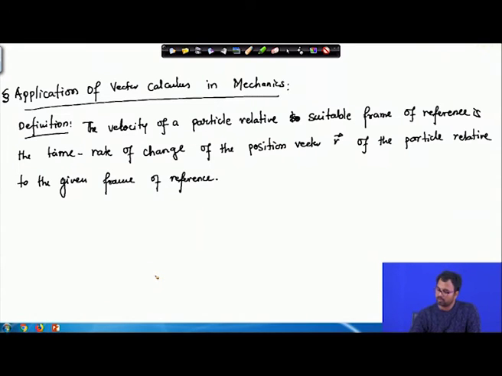So, let us say we have a curve, r equals f(t), and suppose this is my equation, and that is the origin, that is the point P. This is our position vector r, and if it is moving along this curve with respect to t, or time, then that is the velocity of that particle.